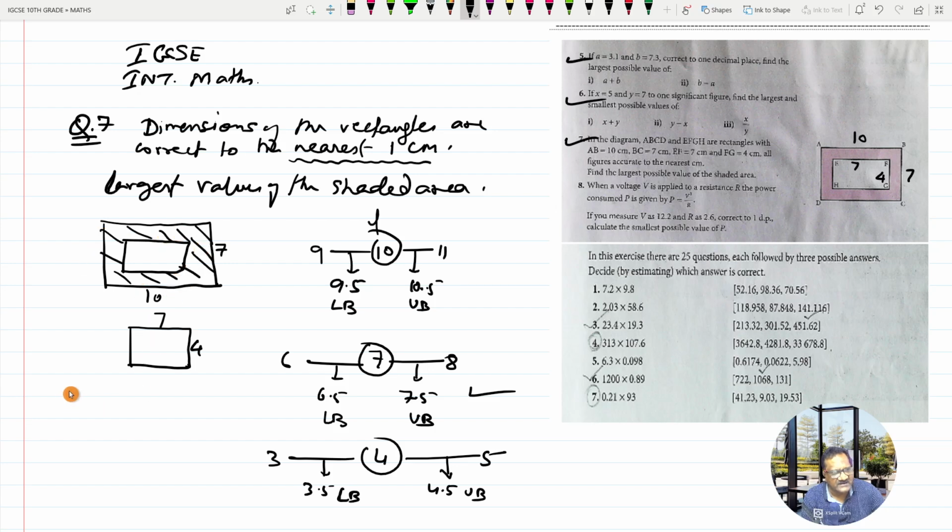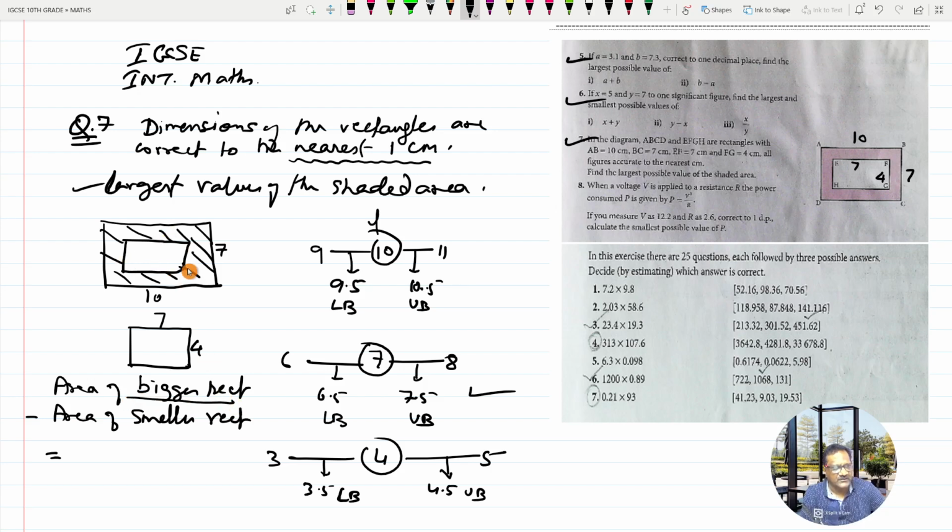So the shaded area will be the area of the bigger rectangle minus the area of the smaller rectangle, isn't it? This should be the answer, right? Now for this value to be largest, the area of the bigger rectangle should be largest.